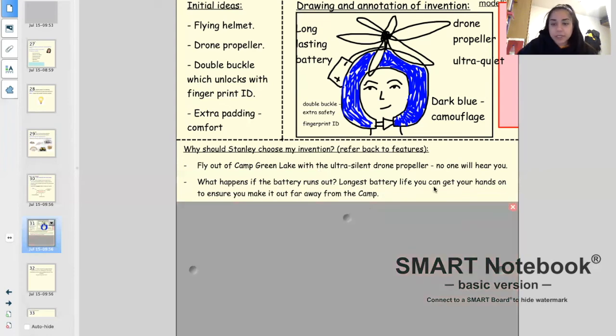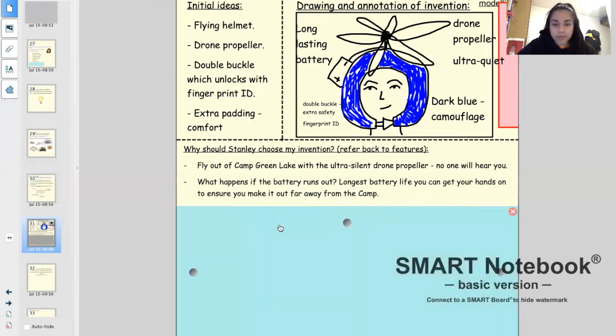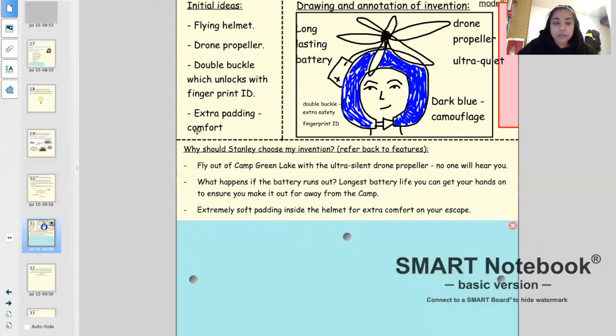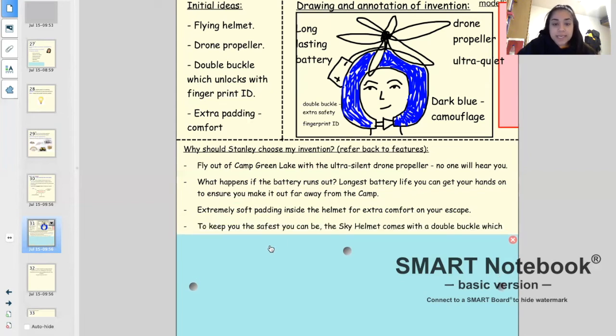So longest battery life you can get your hands on to ensure you make it out far away from the camp. Extremely soft padding, so that's going back to my ideas. What have I got to write about? Extremely soft padding inside the helmet for extra comfort on your escape, okay? And to keep you the safest you can be, there's some superlatives there.